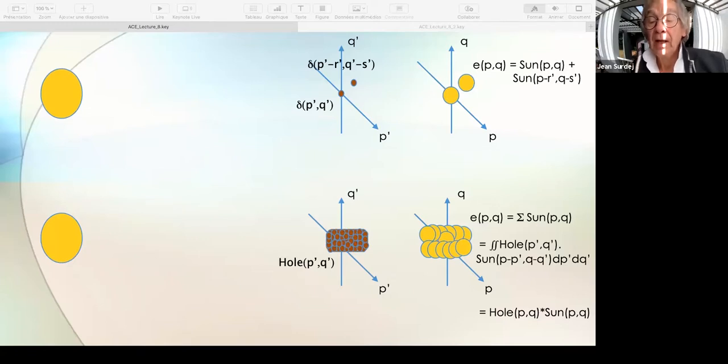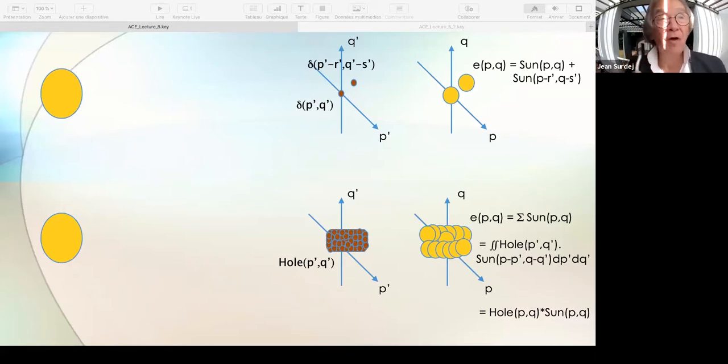If you replace the hole by a Dirac function, the convolution of a Dirac function by the sun will give you the sun. And this is the reason why when the hole is a real pinhole, the image you see will be the real image of the source of light, which in this case is the sun.